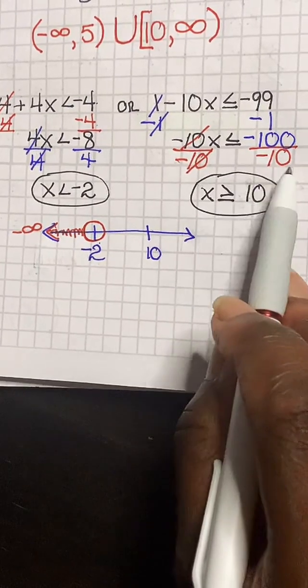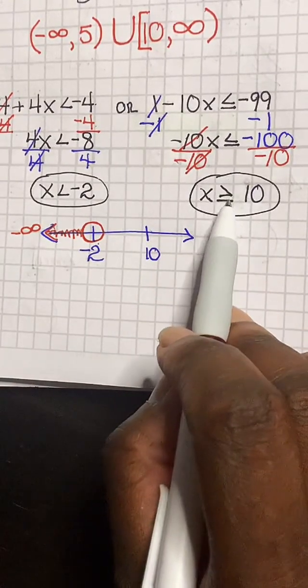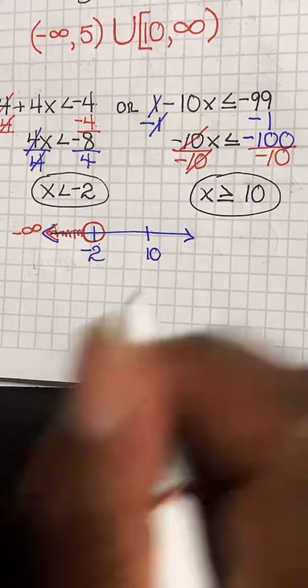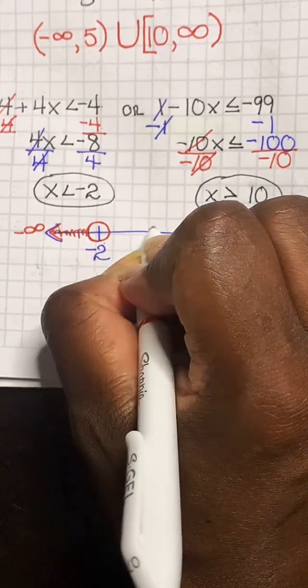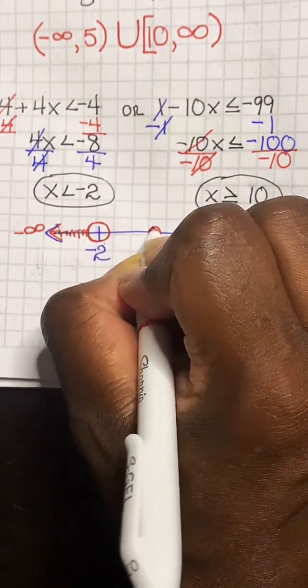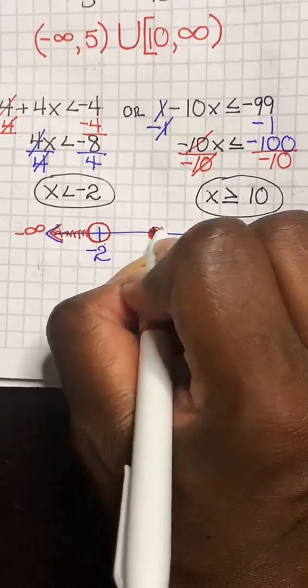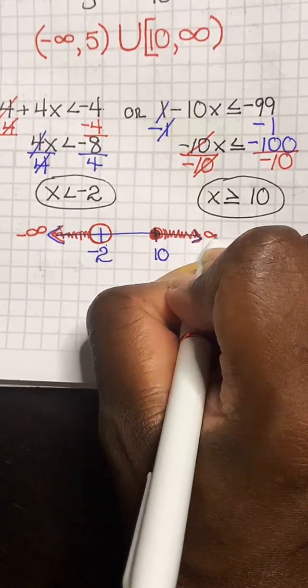Because you divided by a negative number. Anytime you divide by a negative number, the inequality sign changes. Every time. So we got our closed. And it's saying x is greater than 10, so that means we are going all the way to positive infinity.